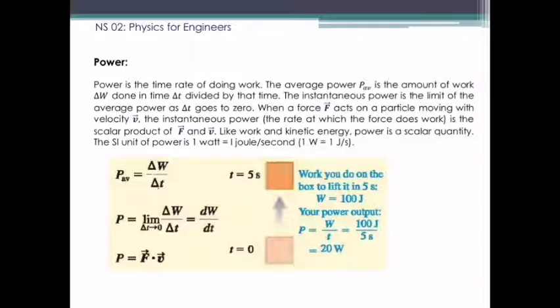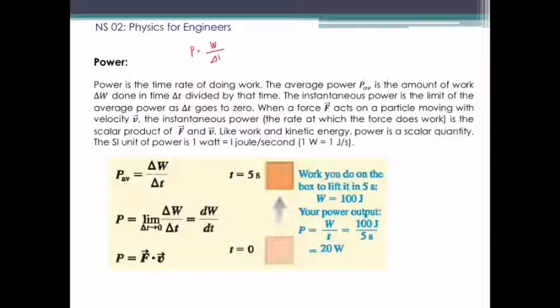Power is the time rate of doing work, while energy is the capacity of doing work. Time rate, meaning to say, is per unit time. So power is the time rate of doing work, work per unit time.